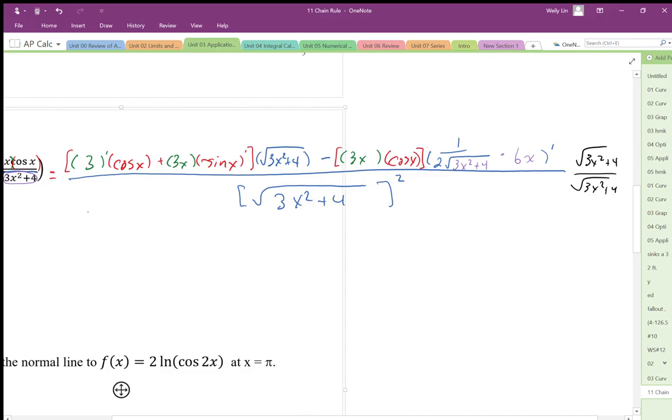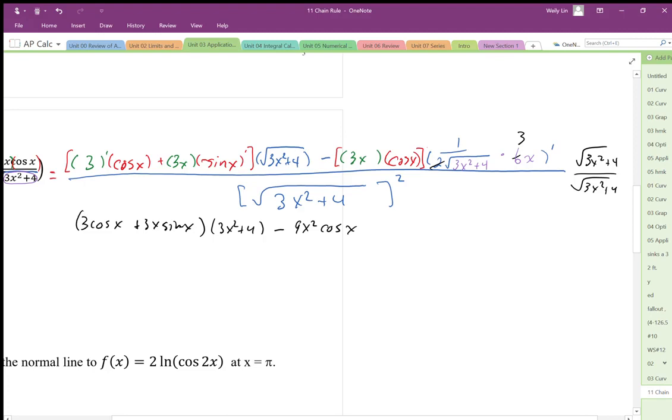We're going to end up with 3 cos x plus 3x sine x, multiplied by 3x squared plus 4 because that gets rid of the square root there. Minus, I'm going to simplify this to 3 and 1. So I get 3x times 3x is 9x squared cos x, and then the denominator is gone.